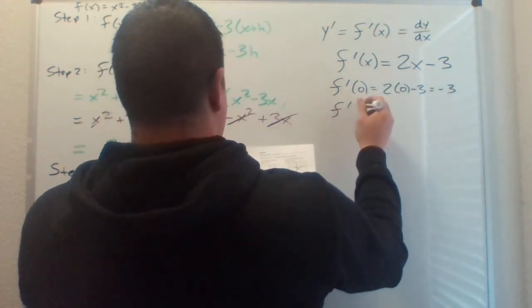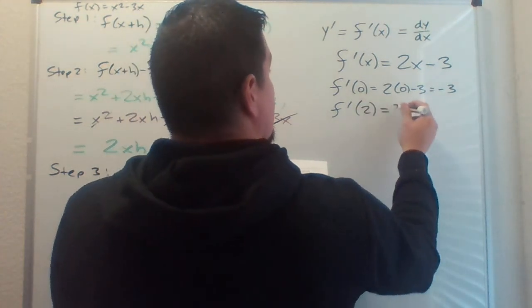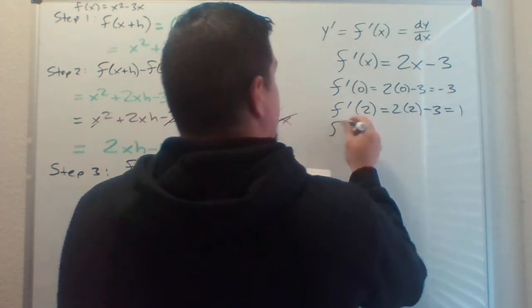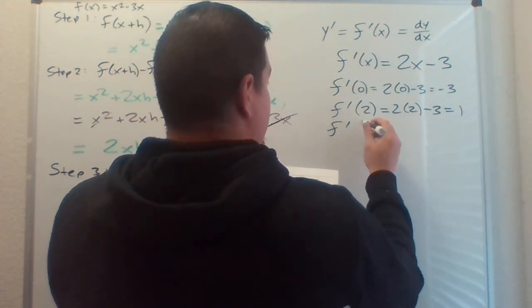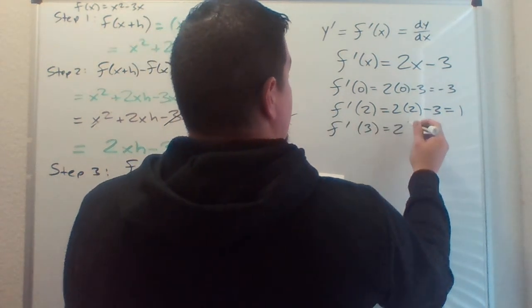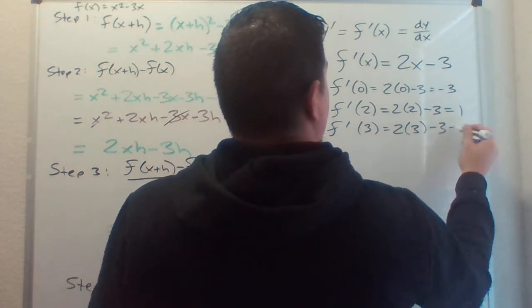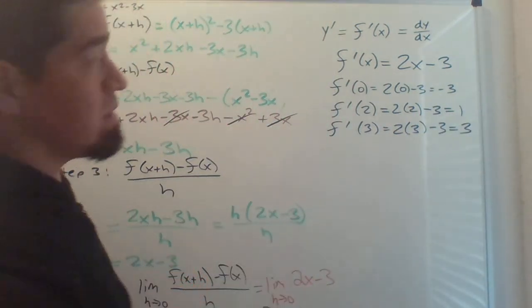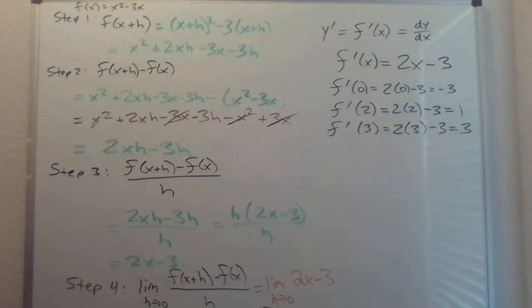F prime of 2 is 2 times 2 minus 3, that's 1. F prime of 3 is 2 times 3 minus 3, which is 3. And I have my 3 slopes on this graph.